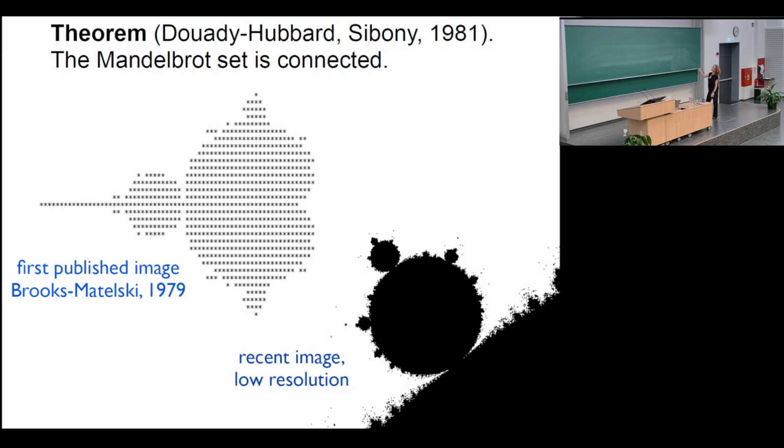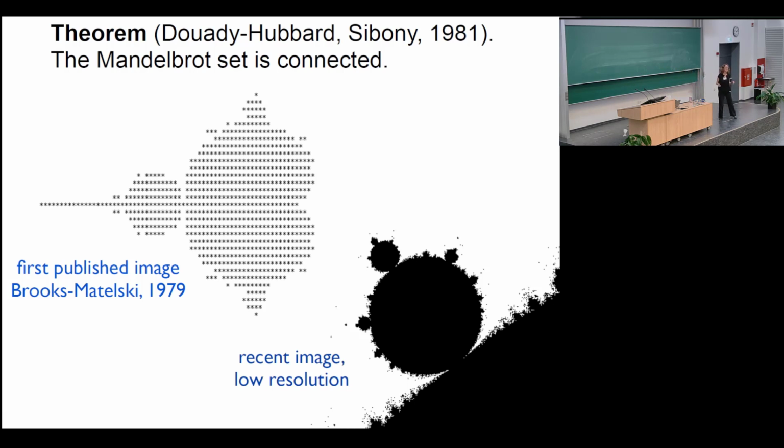And one of the first mathematical results about the Mandelbrot set, which is a very simple statement, and very simple to prove now, I will show you the proof in one moment, or sketch it for you, is just that the Mandelbrot set is connected, which I should say was not at all obvious.